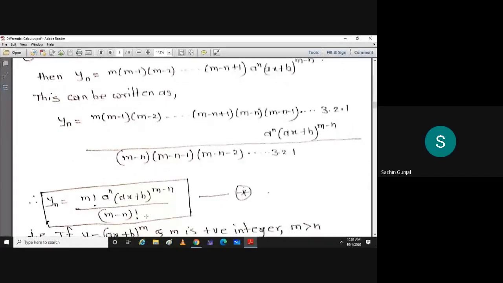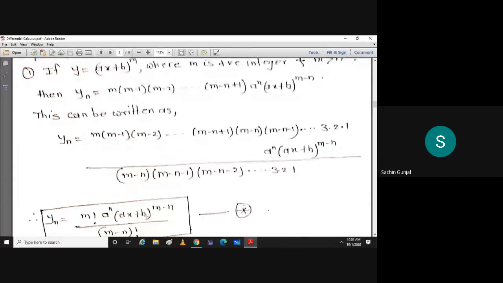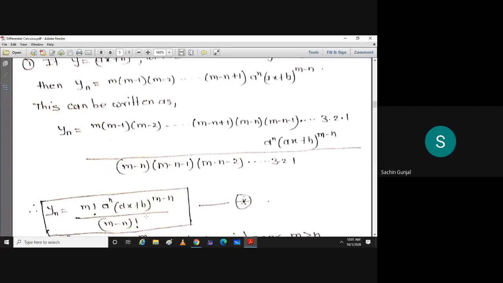What is m here? 44, and n is 41. So find y 41, the 41st derivative. It will be m factorial, that is 44 factorial, a raised to n. What is a in our case?